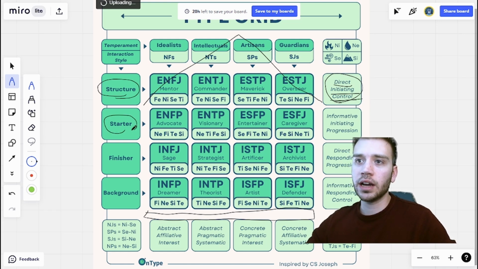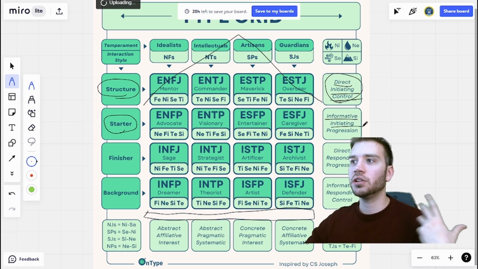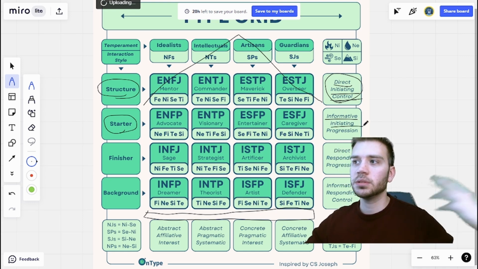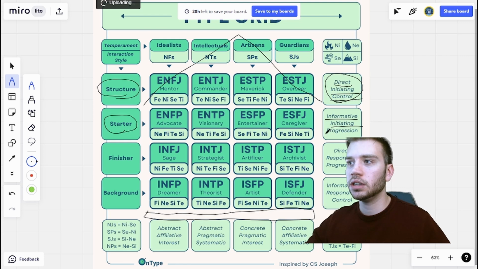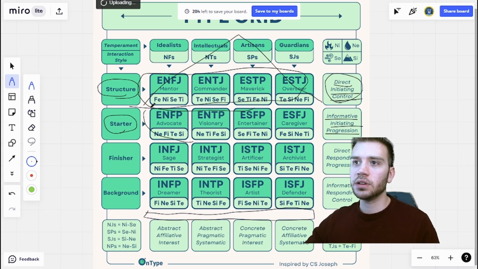And then we have starter types. These types are informative, meaning they give extra information. They're initiating, which is just like structure types. They go to other people, they initiate conversation easily. And they're progression types, so these types progress things. So as the structure types are all of these types, sorry if I didn't mention that, the starter types are all of these types. So it's just in these lines right here.